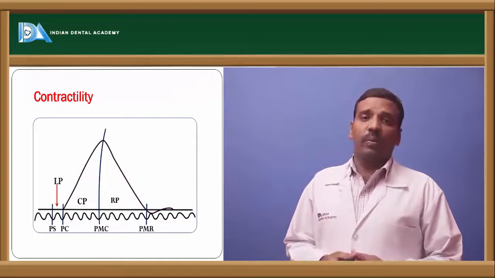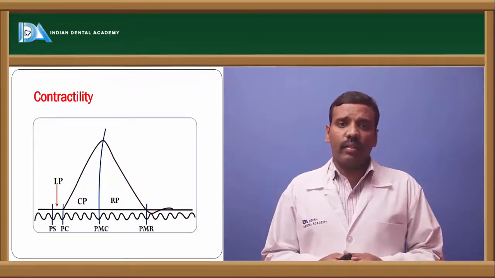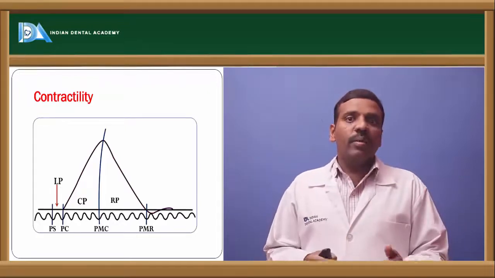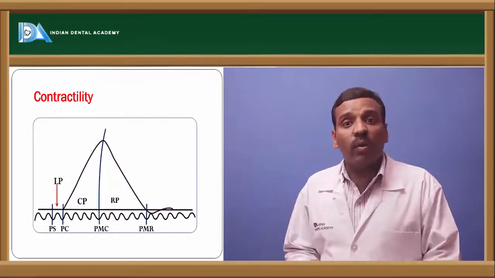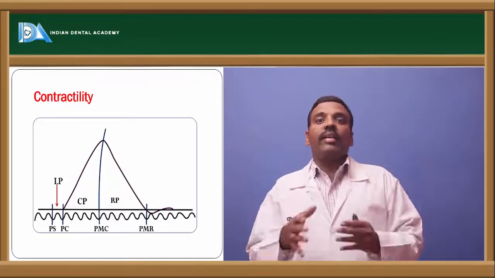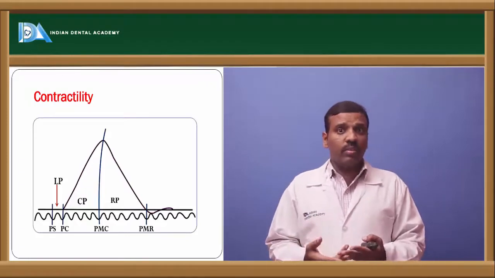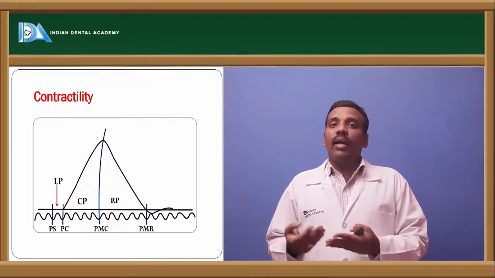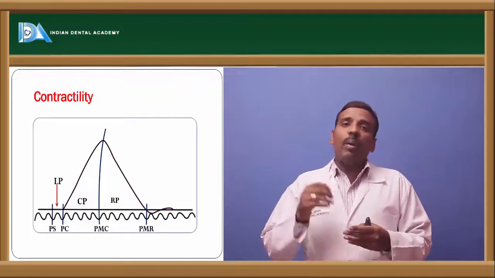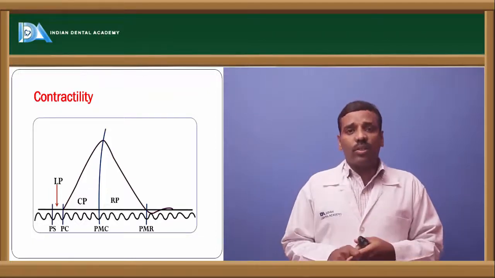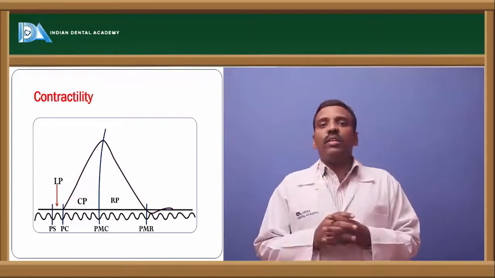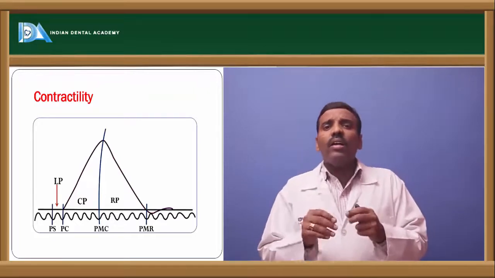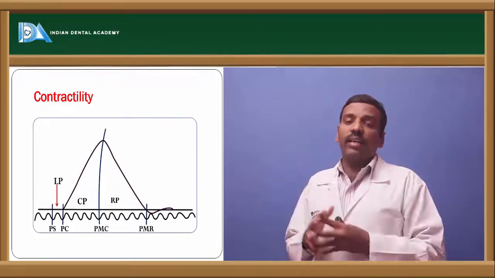Next, another property is contractility. After the stimulus there is excitability, and by this excitability the muscle gives a response. That response is called contractility. First we apply the stimulus, of four types: electrical, thermal, mechanical and humoral. Applying any of these gives a disturbance, called excitability, and after that there is contractility of the muscle.